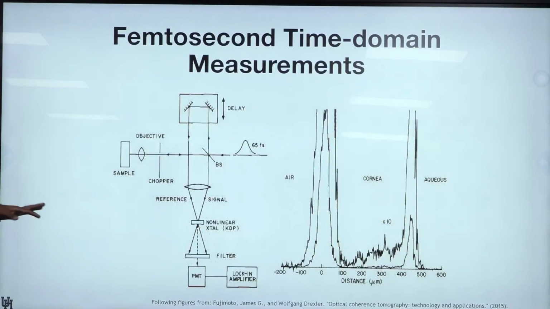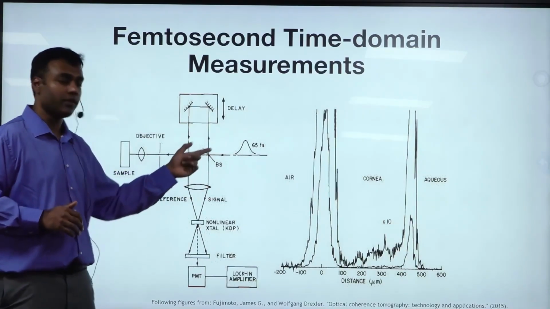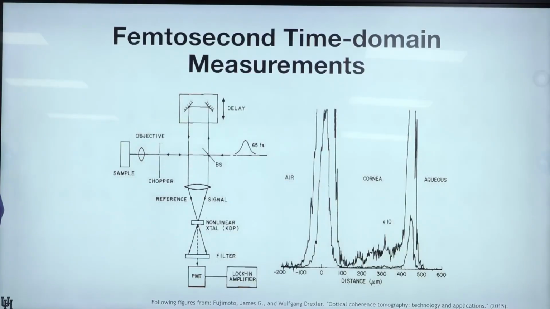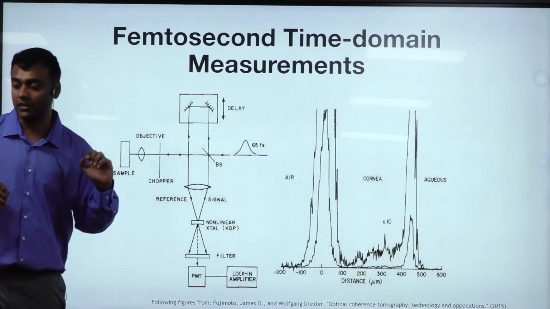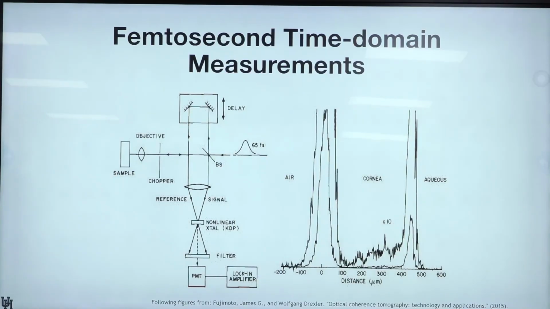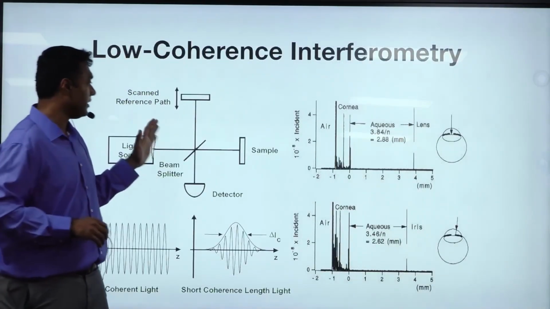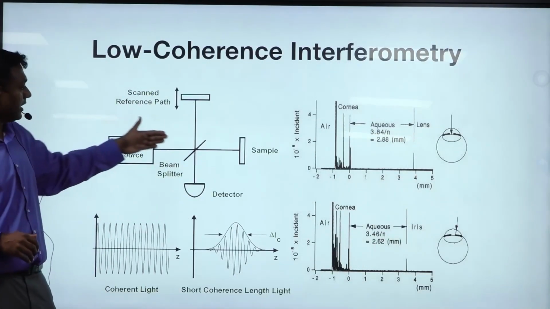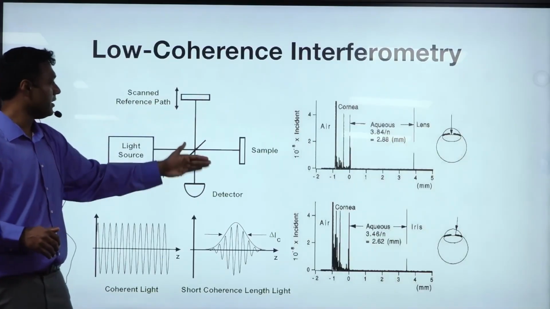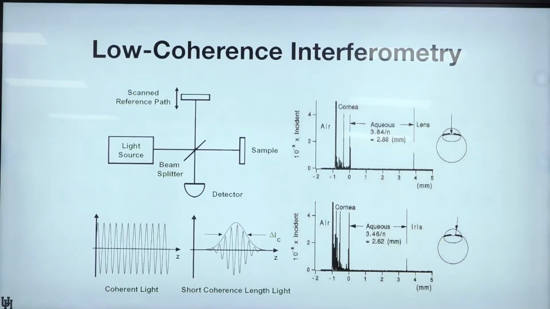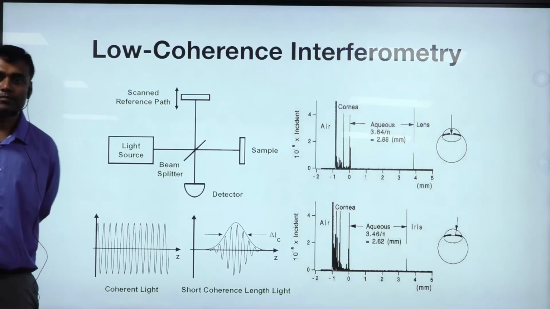It's way too expensive, and it's also very difficult because of all the complexity of the optics. Another advantage is that this is called low coherence interferometry: the simple light source splitting into two, moving one and getting the data from the other, is much cheaper.